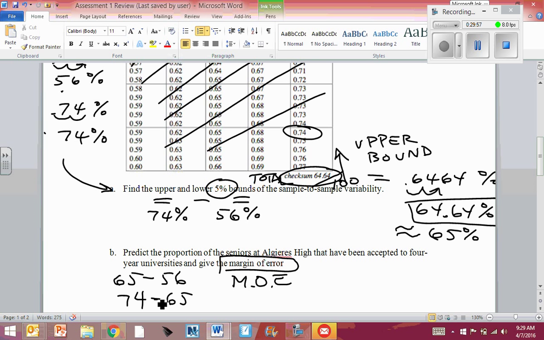If we've done it correctly, this subtraction problem should produce the same exact answer. So we may know that 65 minus 56 happens to be a 9. And the 74 minus that also happens to be a 9. The question is, what is that going to give us? What that's going to give us is the possible error.